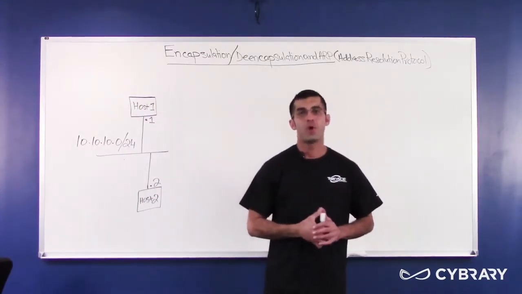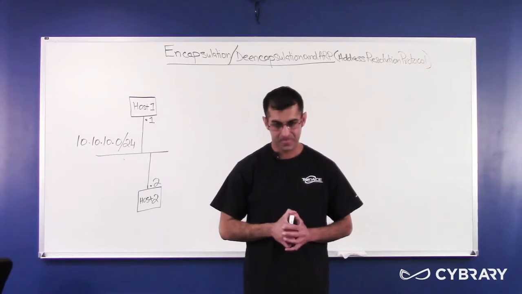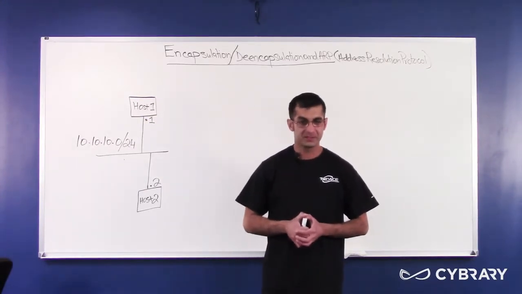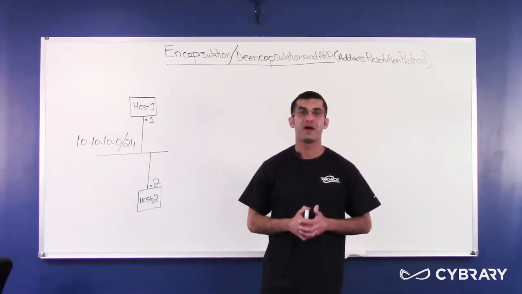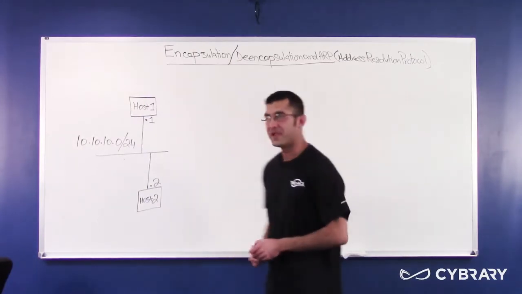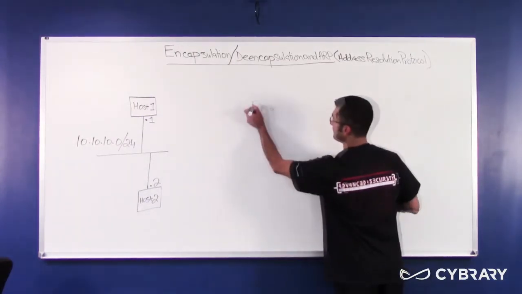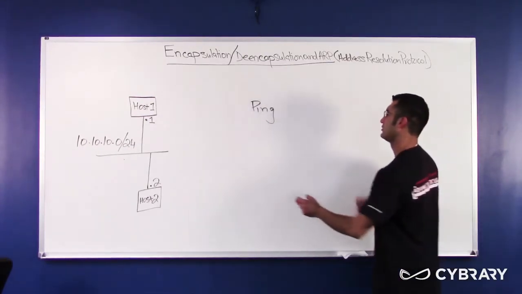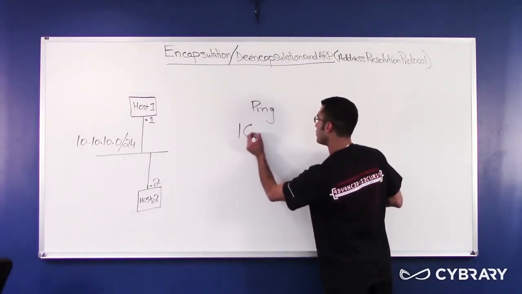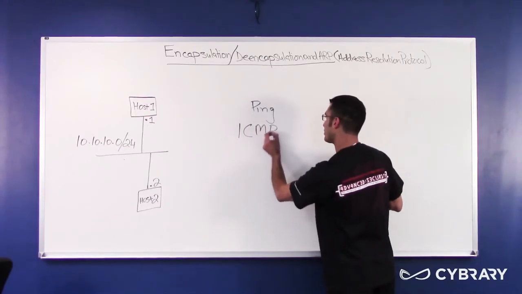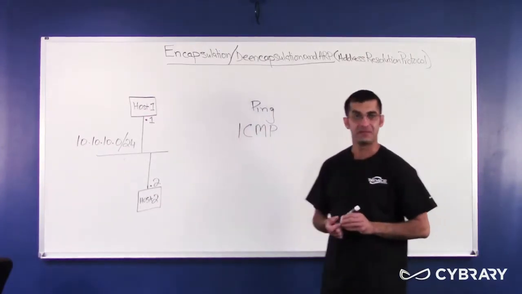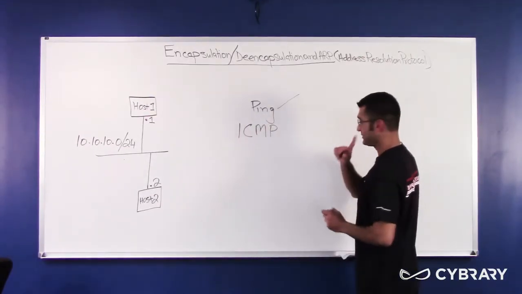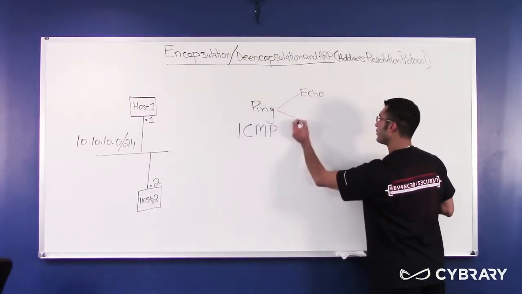Host 1 wants to ping host 2. At this point, I have to talk about what ping is. Ping is basically a testing utility, and ping works with the protocol Internet Control Message Protocol, or ICMP. Ping has two parts, an echo and an echo reply.